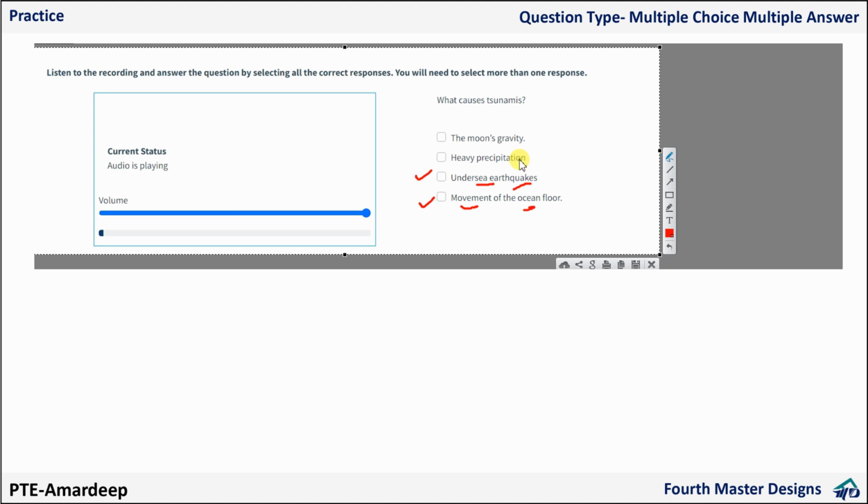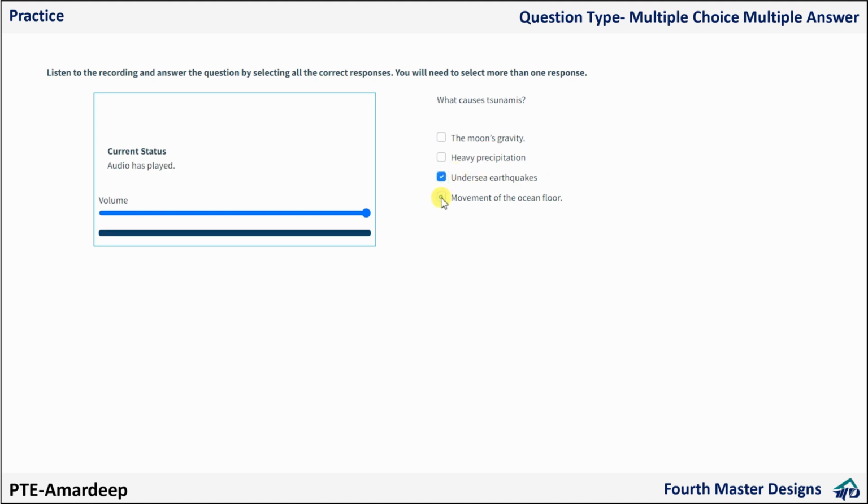Okay, so see here, these two were discussed at the very start. I think in the first 30 seconds itself they discussed them. They did not discuss at all the moon's gravity and heavy precipitation. Nothing was discussed, so I'm damn sure about the third and fourth. No mention of these two.